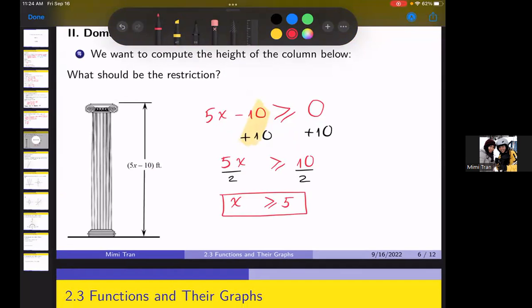Bless you. Yes. Would that be x is greater or equal to 2? Oh, I'm so sorry. Thank you so much. I think I divide both sides by 5. I got ahead of myself.